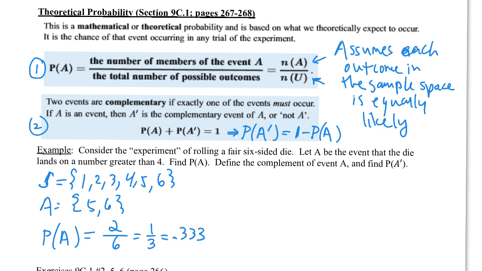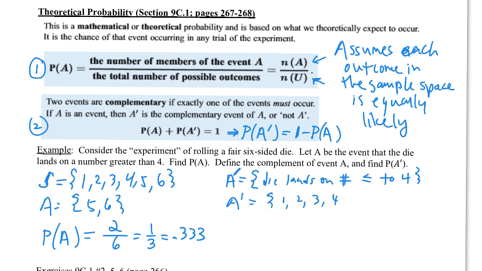Okay, the complement of A, if I wrote it in word form, would be A primed, and the event that the die lands on a number greater than 4, its complement would be die lands on number less than or equal to 4. So that means A primed would have 1, 2, 3, and 4 in it.